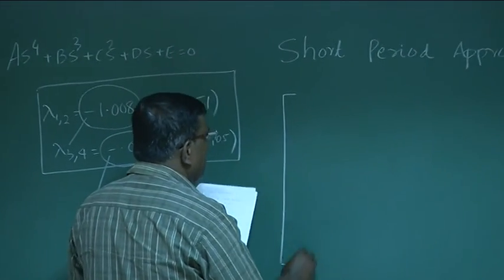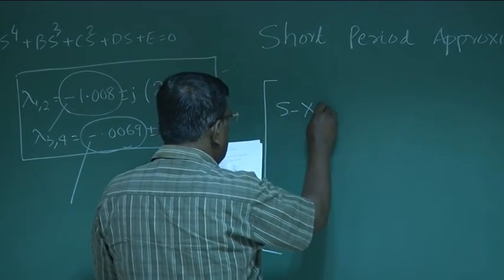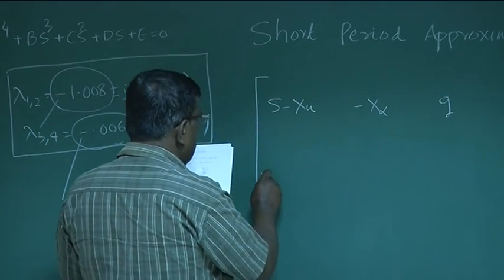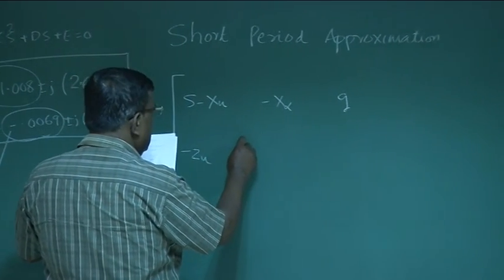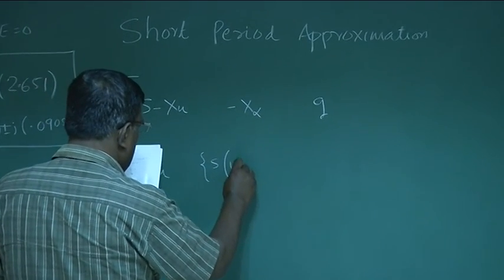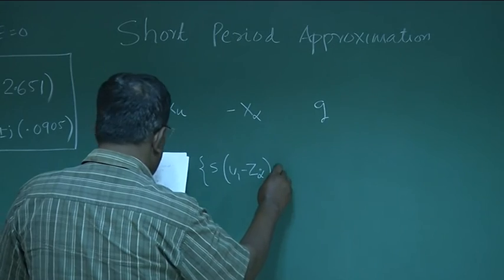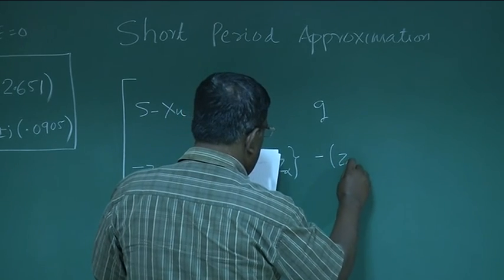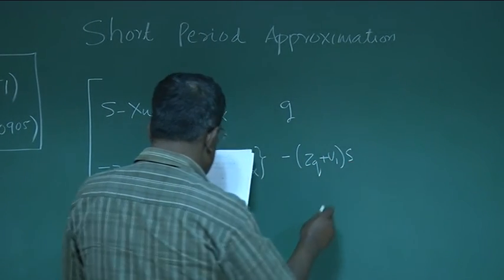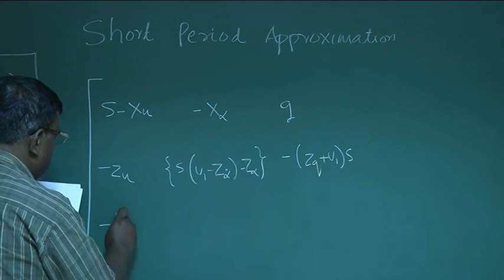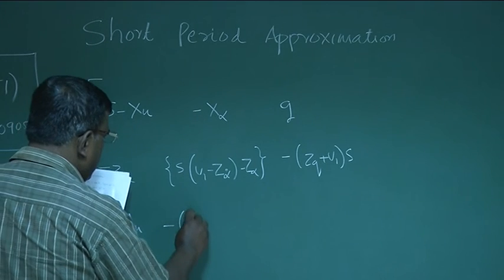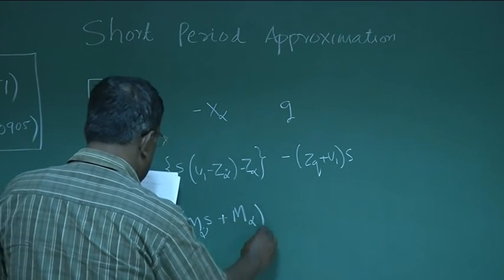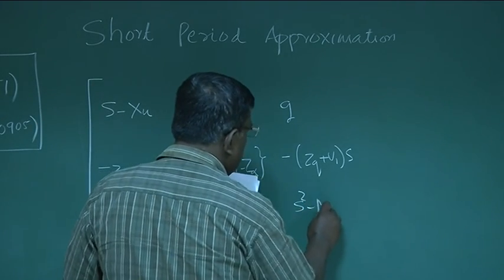So you could see that this is our standard equation: s minus Xu, minus Xα, then g, and then minus Zu, then s(u1 minus Zα̇) minus Zα, then minus (Zq plus u1) s, and minus Mu, minus Mα̇ s plus Mα, then s² minus Mq s.